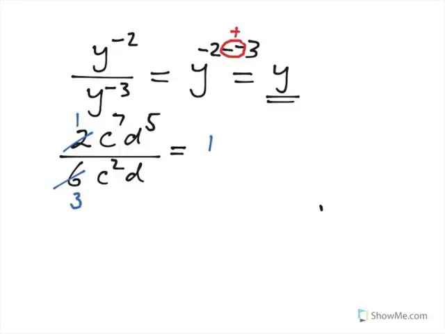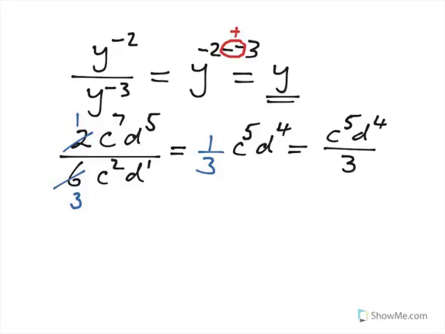So we're going to get a third in it. Okay? And c to the power of 7 divided by c squared is c to the power of 5, 7 minus 2. And d to the power of 5 divided by d to the power of 1 is d to the power of 4. So we could still write this if we wanted to as c to the power of 5, d to the power of 4 all over 3.